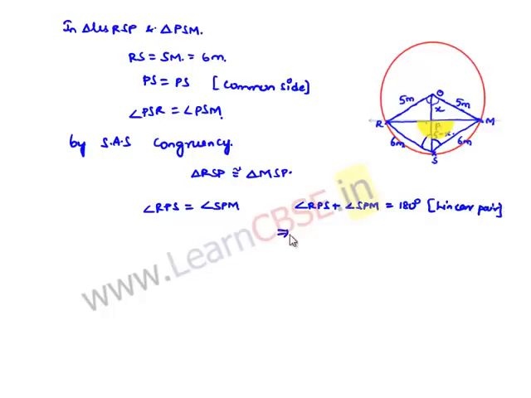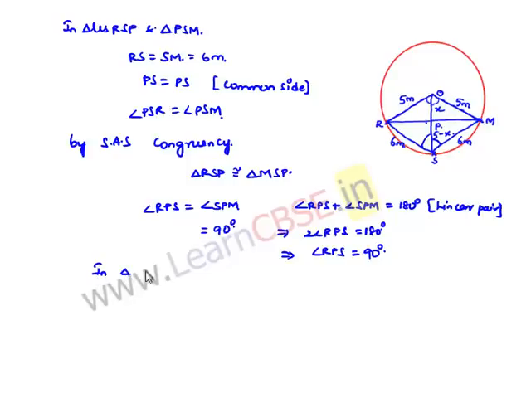This implies 2 times angle RPS is equal to 180 degrees, since we can replace angle SPM by RPS. So angle RPS is equal to 180 by 2, that is 90 degrees. Therefore angle RPS is equal to angle SPM is equal to 90 degrees.